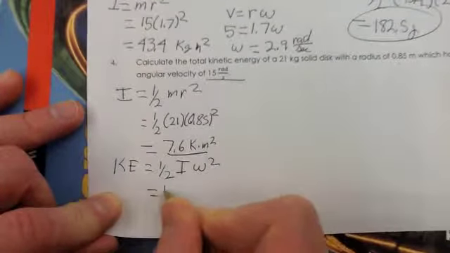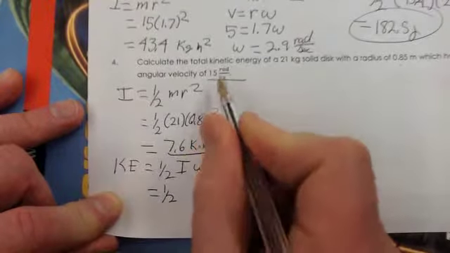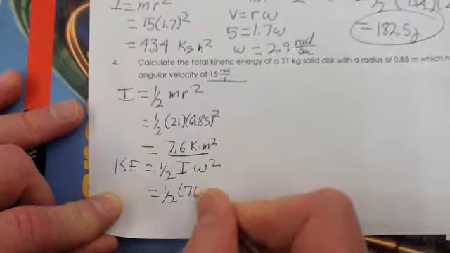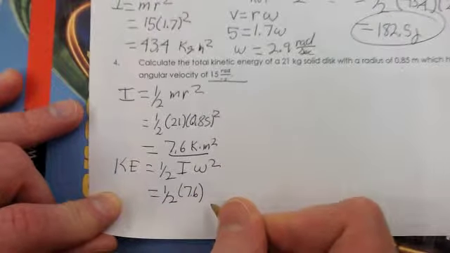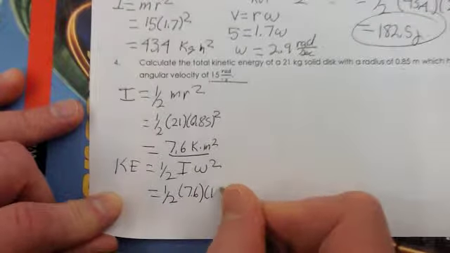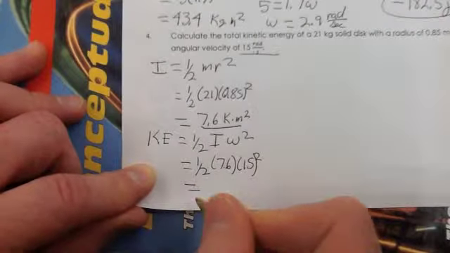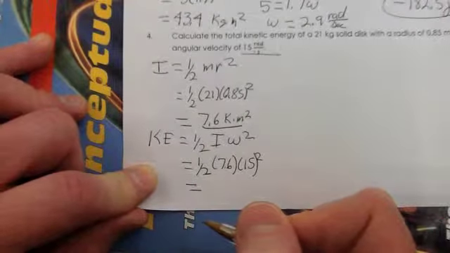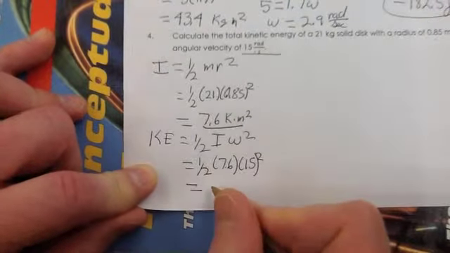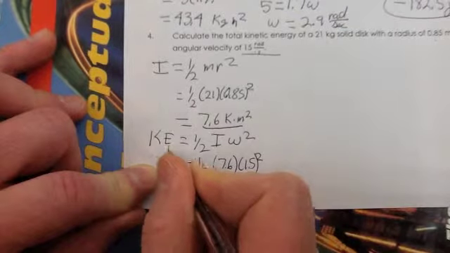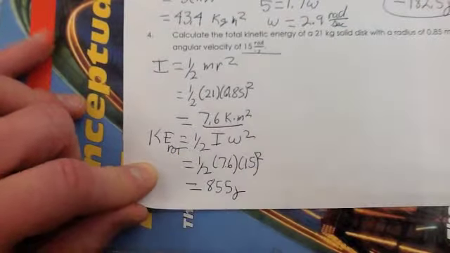So that's 1/2 times my 7.6 times my 15 squared. And that turns out to be equal to 855 joules. I probably should put ROT here so I know that's my rotational.